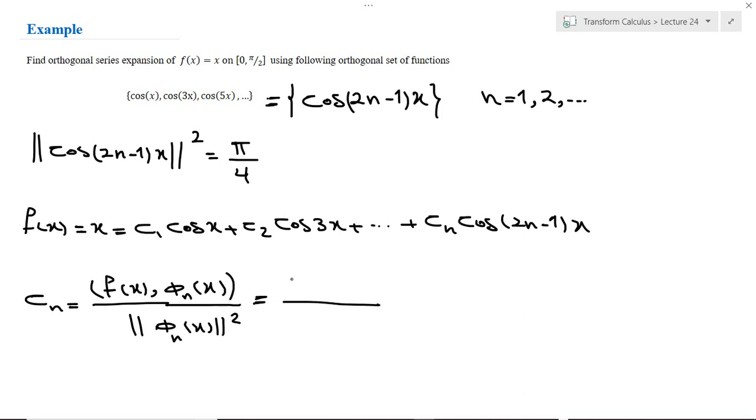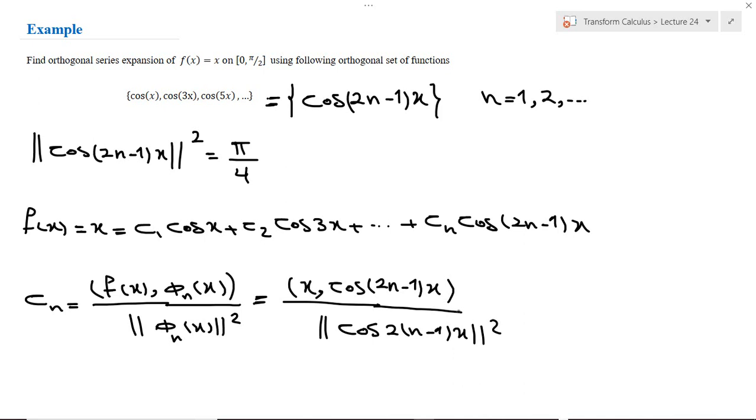In this example, f(x) is equal to x and phi n is cosine (2n minus 1)x. So I have to find the inner product of these two functions divided by the norm of cosine (2n minus 1)x squared.